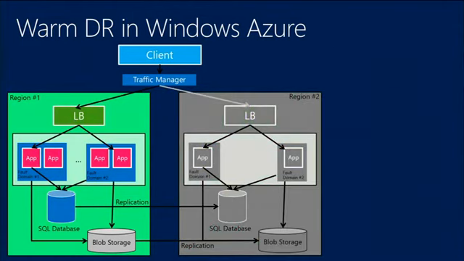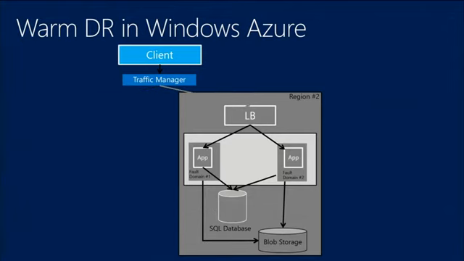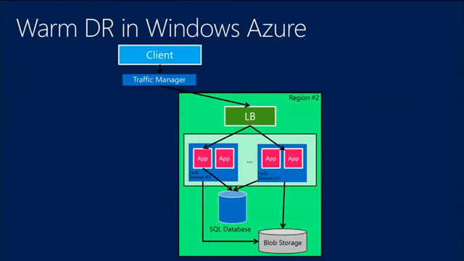And one of the important things here is that, for example, in this case, we have the second region, and this second region had only 2 instances. When we switch to the second one, it needs to go to more than 2. What do I need to do here?